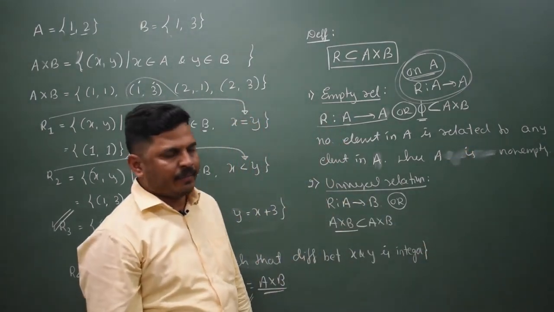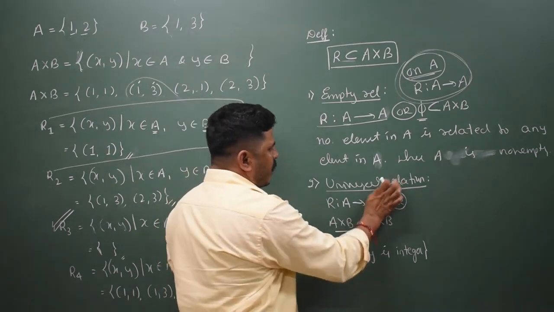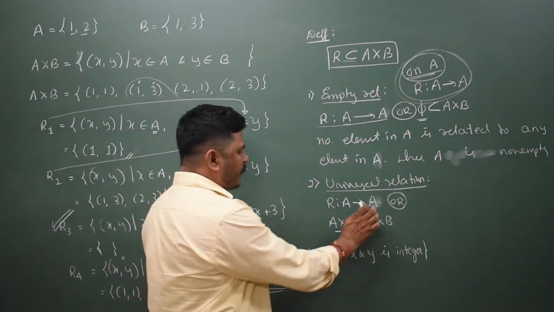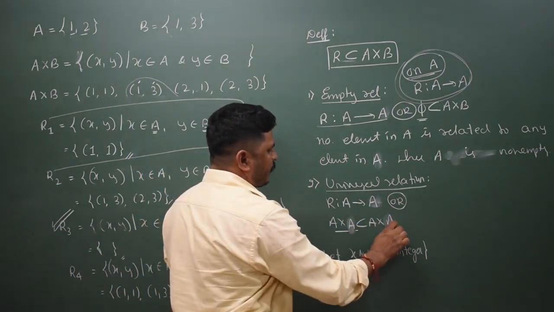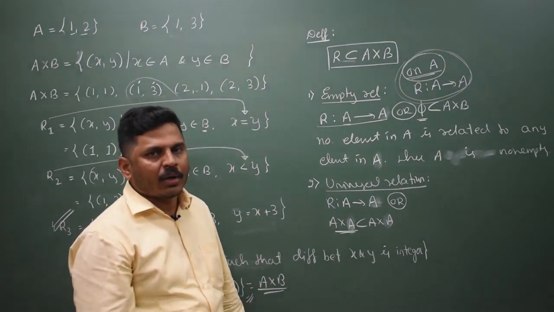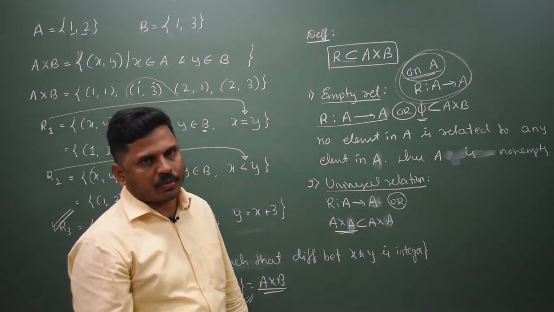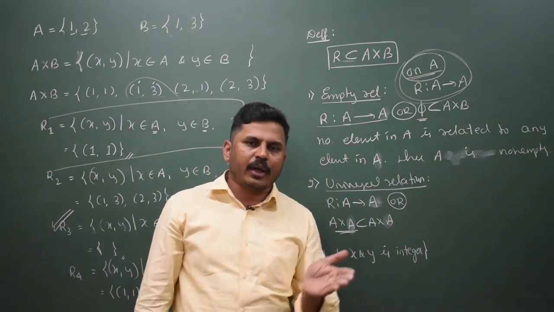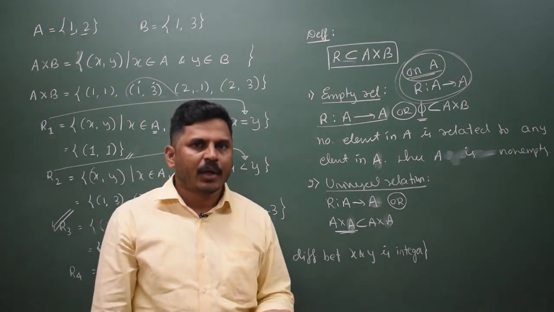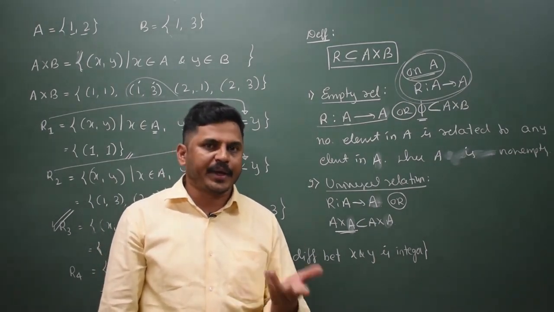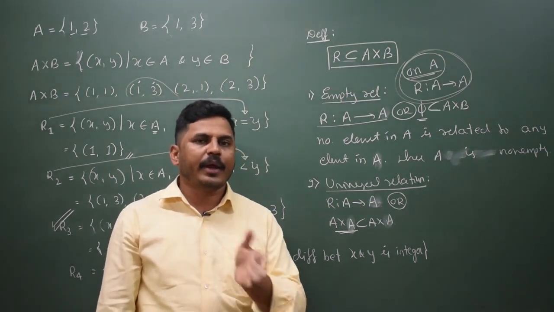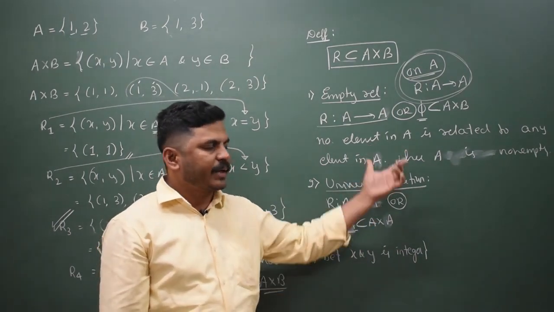Similarly, a relation R on A, meaning R from A to A, is said to be a universal relation if A cross A is a subset of A cross A. Hence, A cross A is called universal relation. You can define it that way too: instead of taking A to B, you can take A to A. The relation from A to A is what we pronounce as relation on A, where A is a non-empty set in both cases.